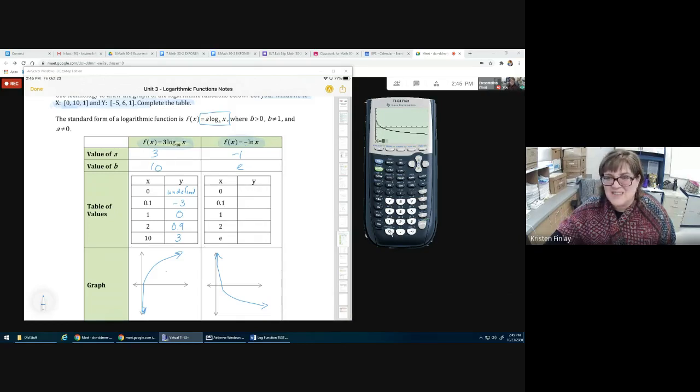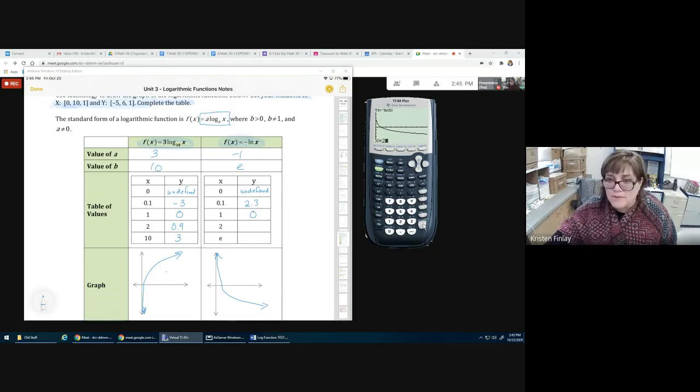When x equals 0, y is undefined, because it's approaching that vertical line. When I put in 0.1 for x, y is 2.3. When I put in 1 for x, y equals 0.